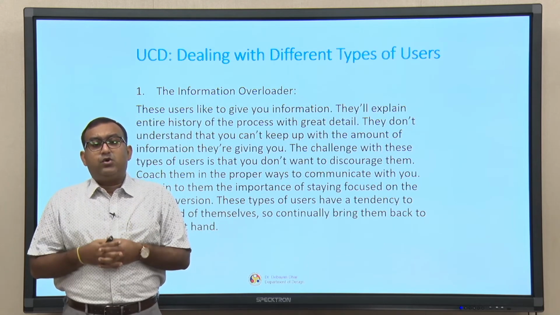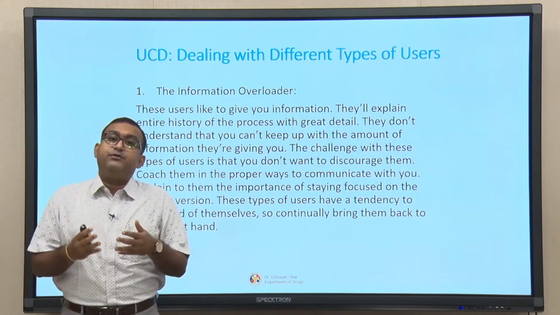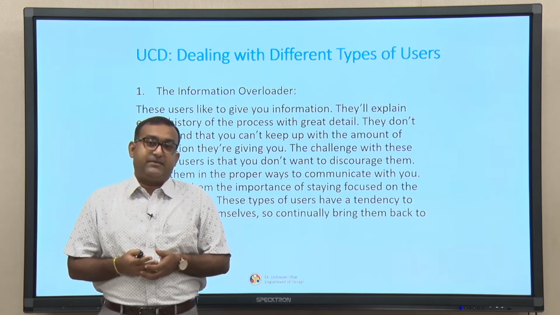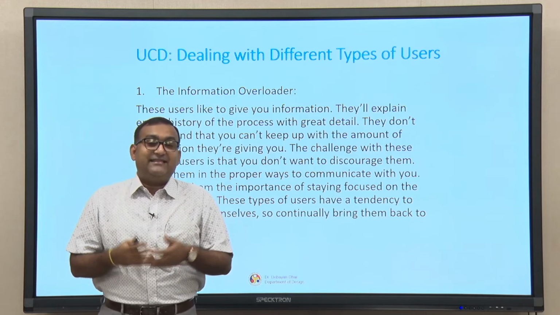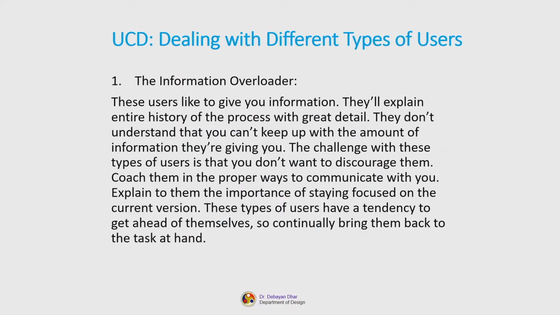Now, the information overloaders are the users that like to give you a lot of information, and they will explain the entire history of the process with great detail. They do not understand that you can't keep up with the amount of information they are giving you, and the challenge with these types of users is that you do not want them to get discouraged.